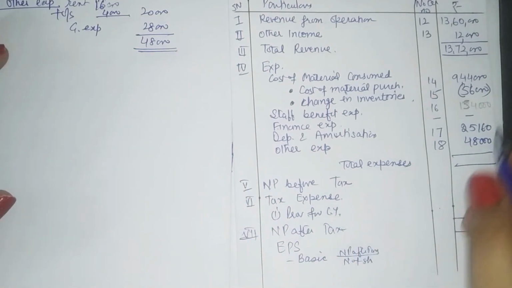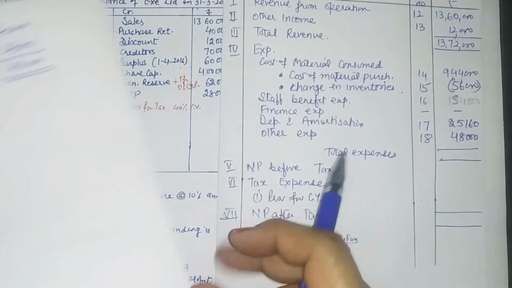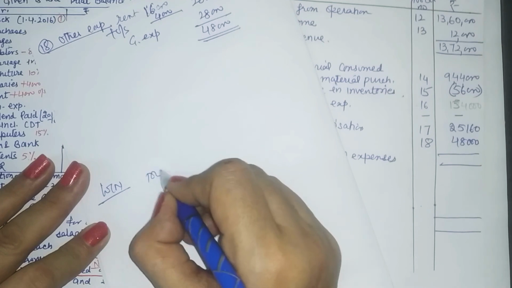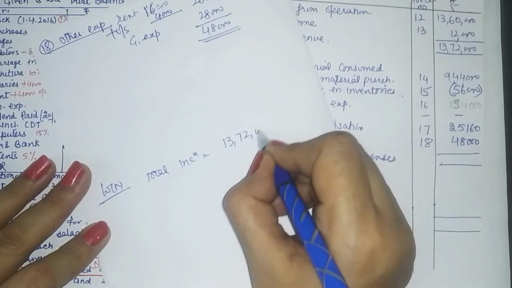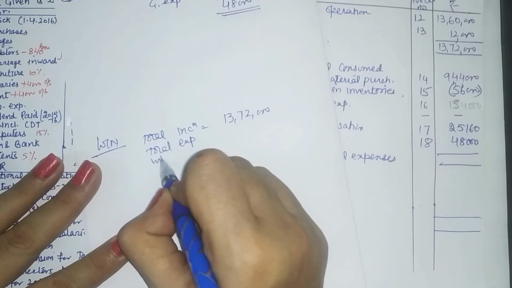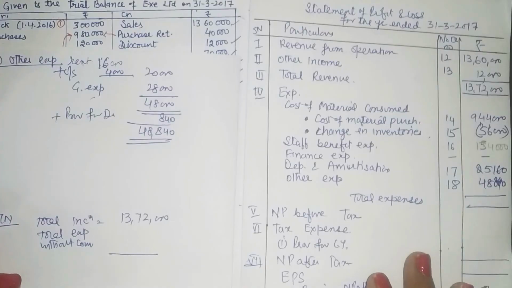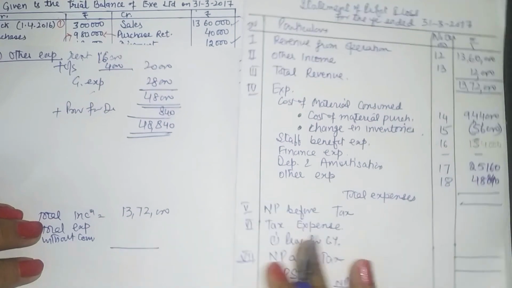Now this will give you the total of the expenses. So roughly we will calculate in the working notes, total income 13,72,000 and total expenses without commission, because we haven't calculated it. So total expenses will be taken from here.